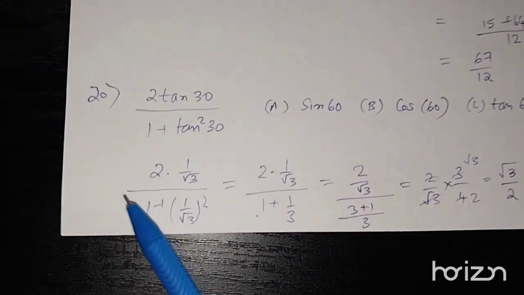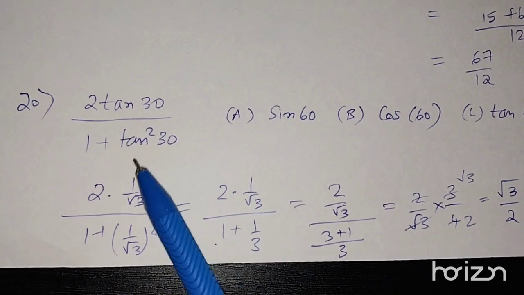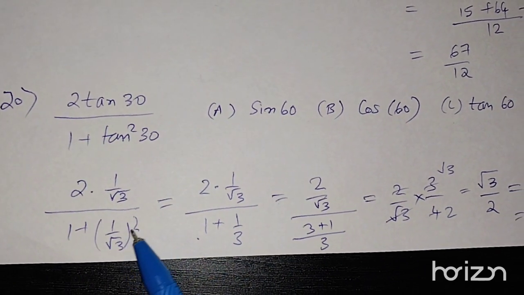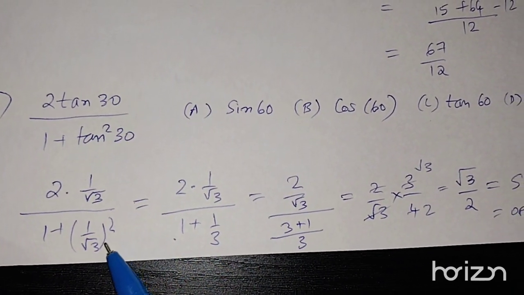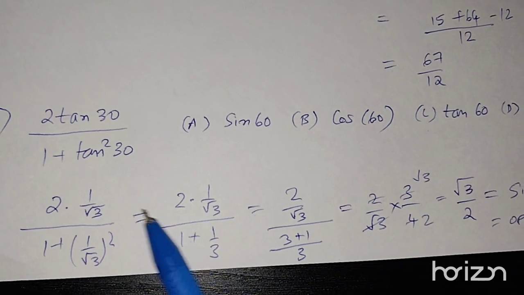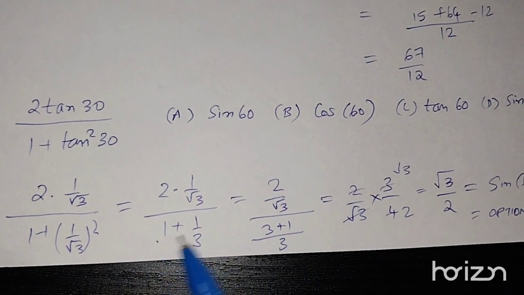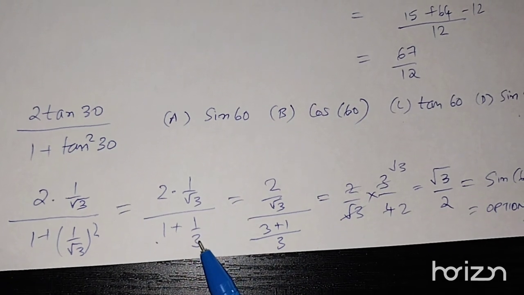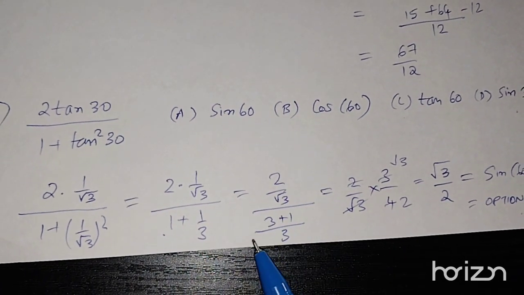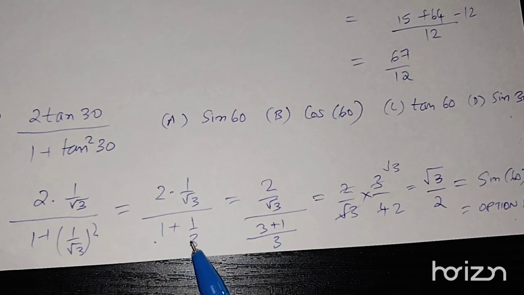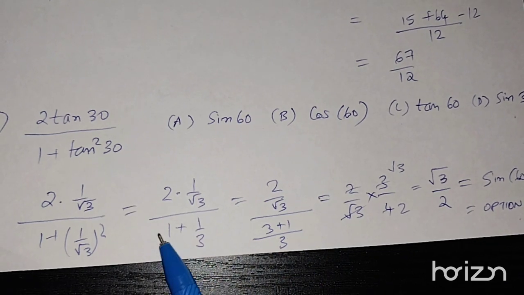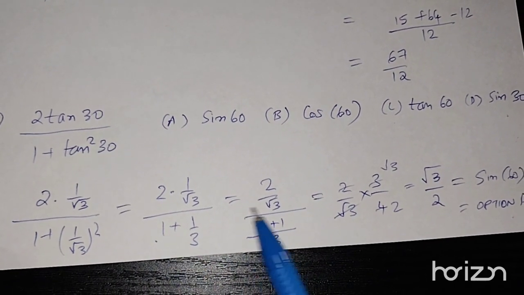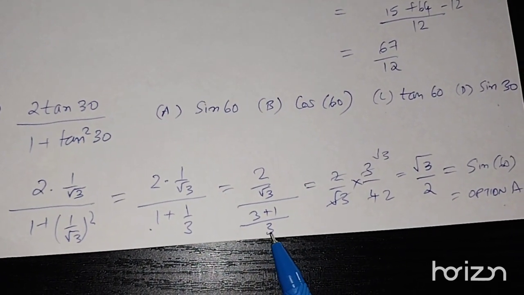So coming back here, 2 into 1 upon root 3 divided by 1 plus tan square 30, that is 1 plus 1 upon root 3 whole squared. So 2 into 1 upon root 3 becomes 2 by root 3. 1 upon root 3 whole squared will become 1 upon 3. So this will become 2 divided by root 3, whole thing divided by, 3 is the LCM. 3 will go up also to the numerator, so 3 plus 1 divided by 3.